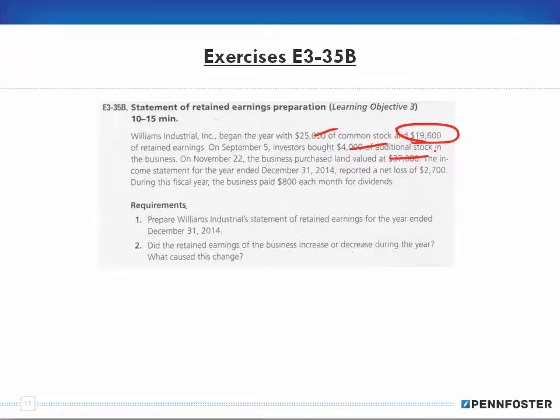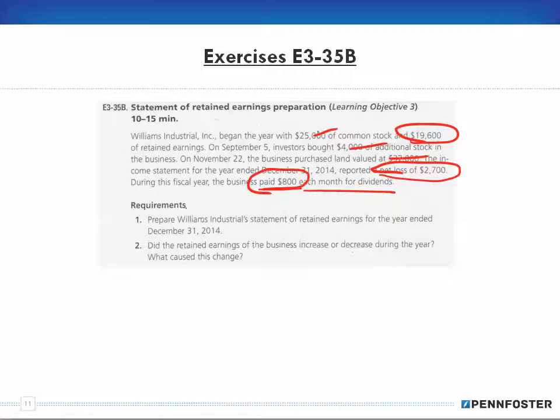Buying land has nothing to do with it. And the net loss of 2,700 is important. And we have to manipulate this because it's saying it paid $800 each month for dividends. So it's not just $800, it's 800 times the 12 months for the dividends.